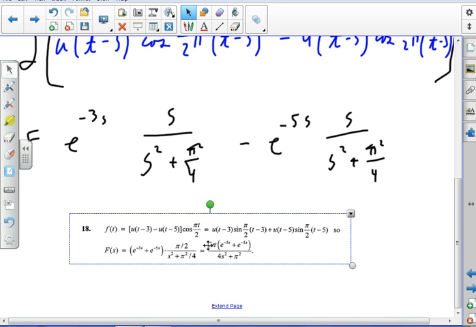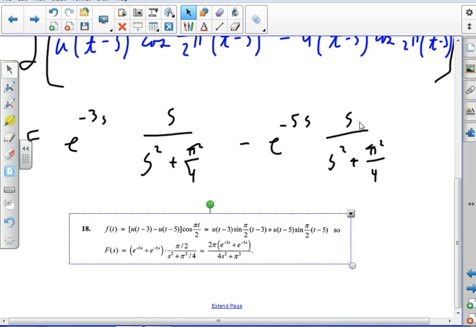All right, so I got 2 pi. Where's my 2 pi? There's my e to the minus 3, and there's my e to the minus 5, and there's 4s squared. So there's that, pi over 2. Why would I have a pi over 2 up there?